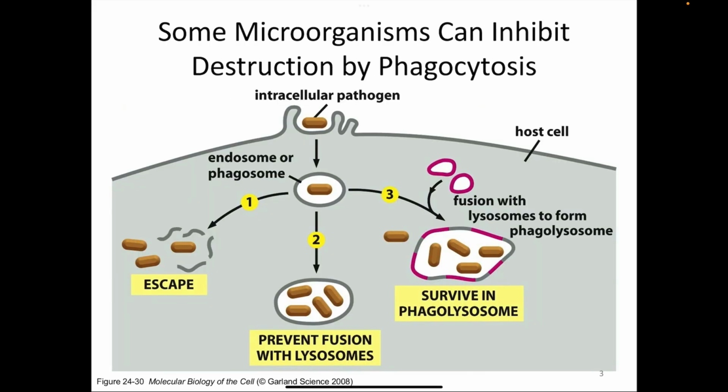But it turns out that there are a bunch of microorganisms that have actually evolved ways to inhibit phagocytosis. Some of them get into the phagosome and have evolved proteins that puncture the phagosome and escape it and live happily ever after in the cytoplasm of the cell.